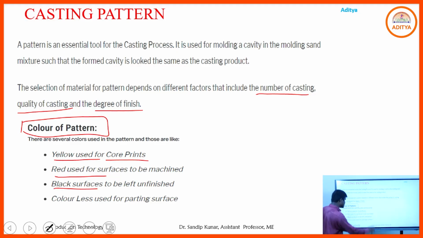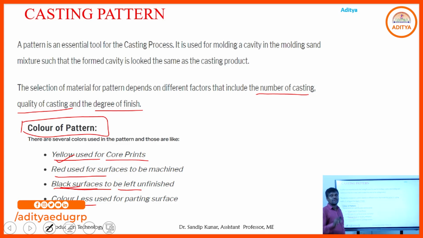Another color, black, will be used for the portion to be left unfinished, meaning the unmachined portion. The last one, colorless, will be used for the parting surface, meaning the parting line.